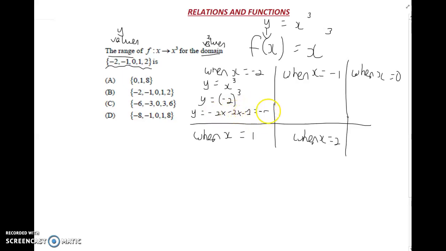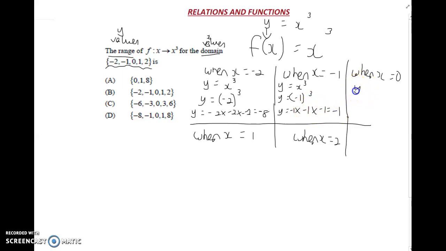And 2 by 2 by 2 is 8, so negative 8. Now when x is negative 1, negative 1 to the power 3, negative 1 by negative 1 by negative 1. Again, a negative and a negative is a positive, a positive and a negative is a negative, and 1 by 1 by 1 is 1, so negative 1.